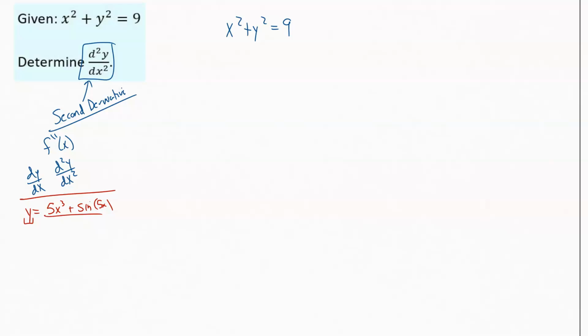Here we have x's and y's working together in a problem, and we can't separate it out to get a nice clean y equals, but we still need to find the derivative like we've been doing. That's when we run into this process called implicit differentiation.